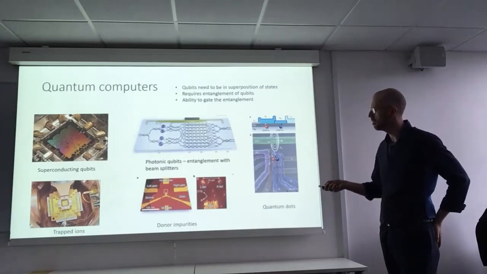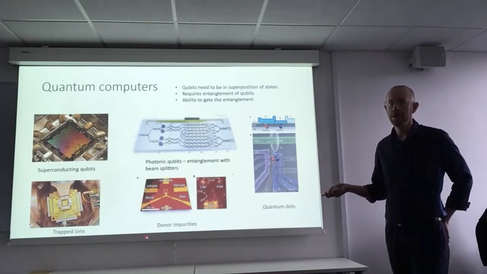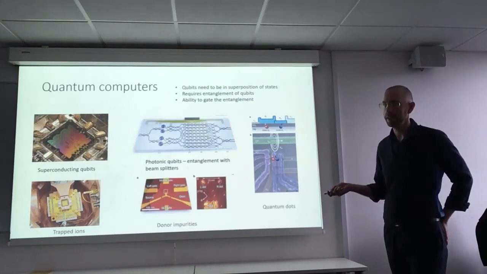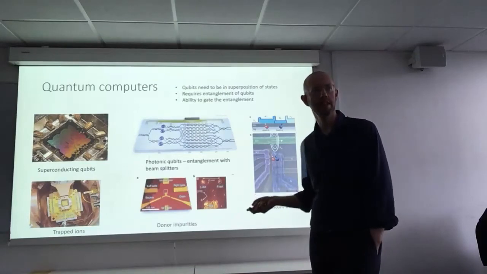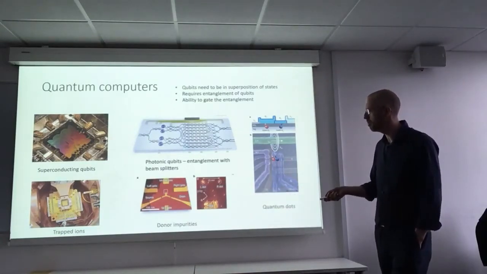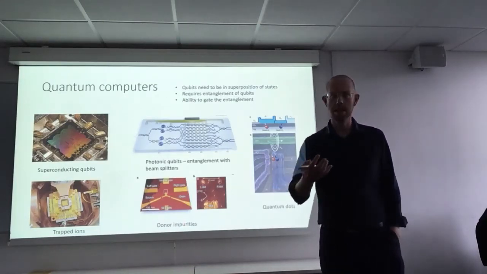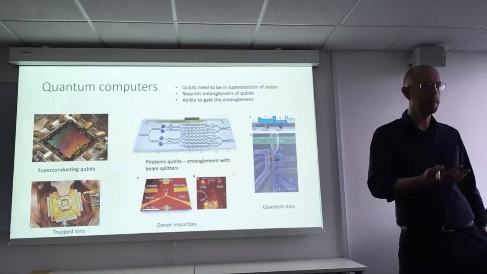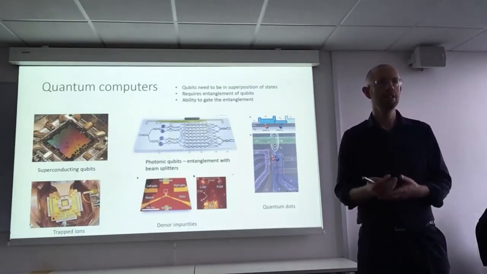Another technology, one that I thought until recently might actually be the technology that would end up building a large-scale quantum computer, is donor impurities. So these are the impurities that you have in silicon. They're the same impurities that you've got in your phones and your computer that change the carrier type.